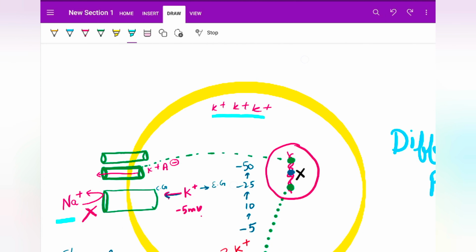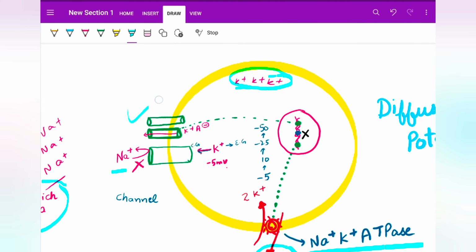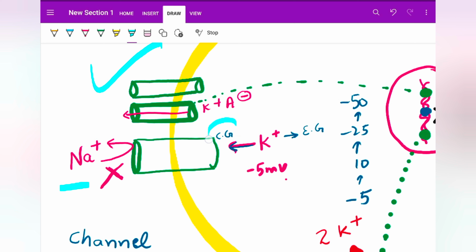Now see, this potassium which is concentrated inside would love to go out along its concentration gradient, and luckily this cell has potassium leaky channels present in the cell membrane for the movement of potassium. Then we saw that this concentration gradient for potassium is outwards, and luckily the membrane is permeable for K plus, so K plus starts diffusing outward.